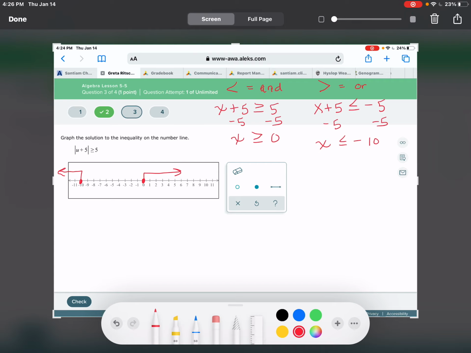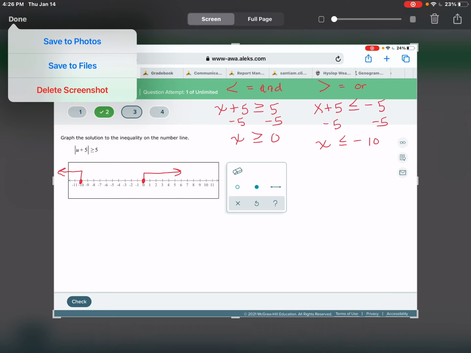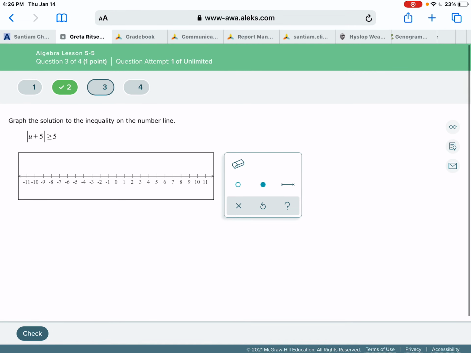Let's go back and see if I can't. Let's see, we had negative 10 and 0. This is what I'm having a little bit of a hard time with. I made it work one time, and then maybe it's going to work. This guy goes down here, the other one, negative 10.